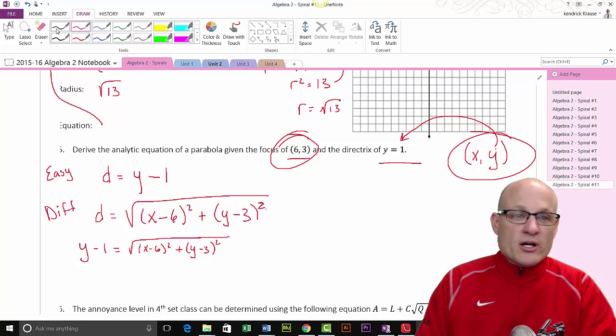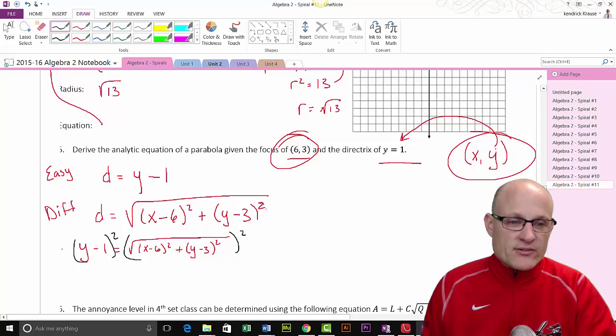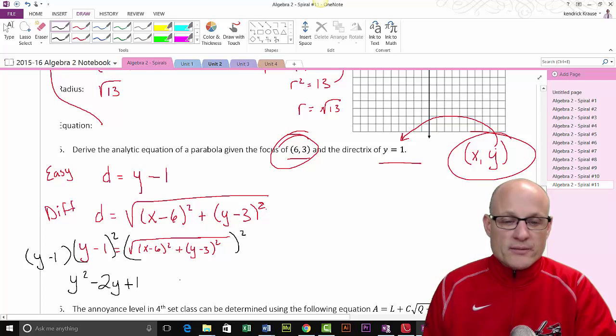Now, to get rid of that square root, we're going to square both sides. So I'm going to square this side, and I'm going to square this side. Now, on the right side, that's just double distributing. So I get y squared minus 2y plus 1. On the right side, this thing and this thing just cancel each other out. So this is going to get double distributed, and this is going to get double distributed.